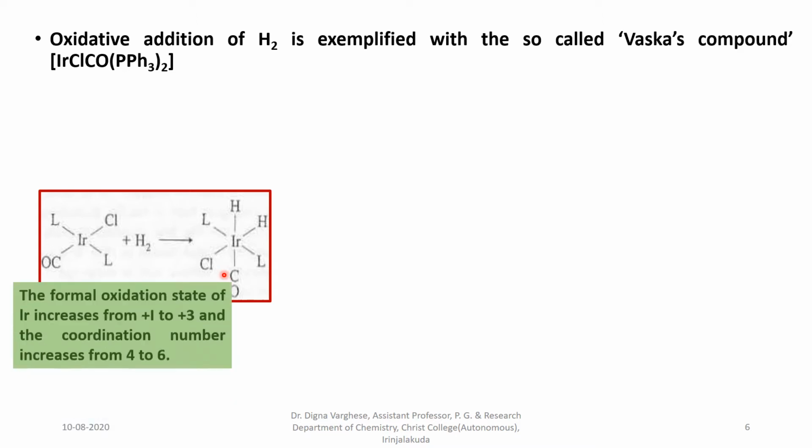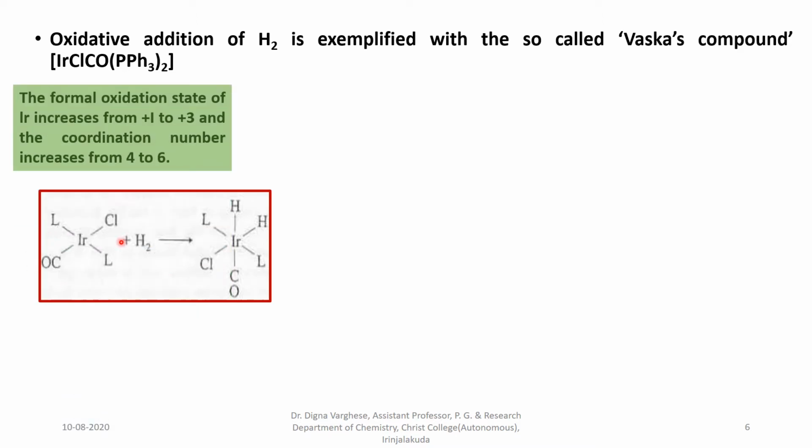The formal oxidation state of iridium increases from +1 to +3 after addition of hydrogen, and the coordination number is 4 here, which is increased by oxidative addition by 2 units, that is, in this compound the coordination number of iridium is 6.